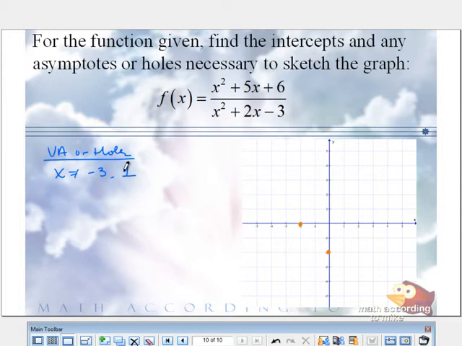So if we stuck in -3, numerator, what do we get? You should get 0. Make sure you put parentheses around the first -3, otherwise you're not going to square the negative.